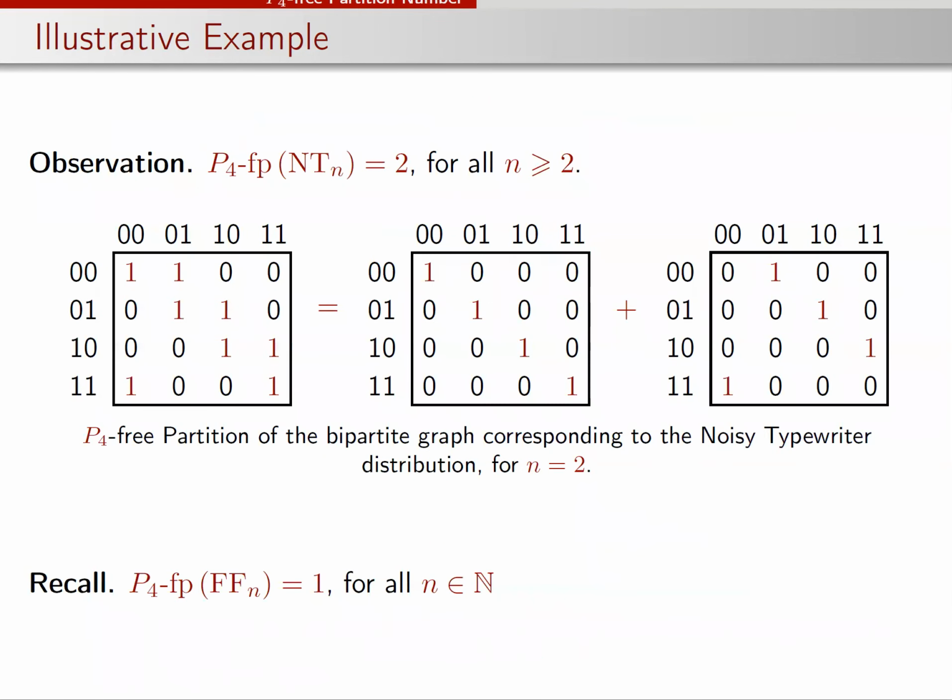The P4-free partition number of the noisy trivector distribution is 2 for any n greater than or equal to 2. And here you can see the partition when n equals 2. The adjacency matrix can be partitioned into disjoint unions of two rectangles.